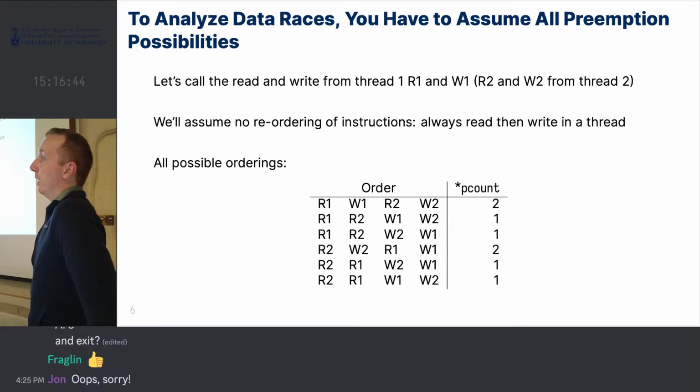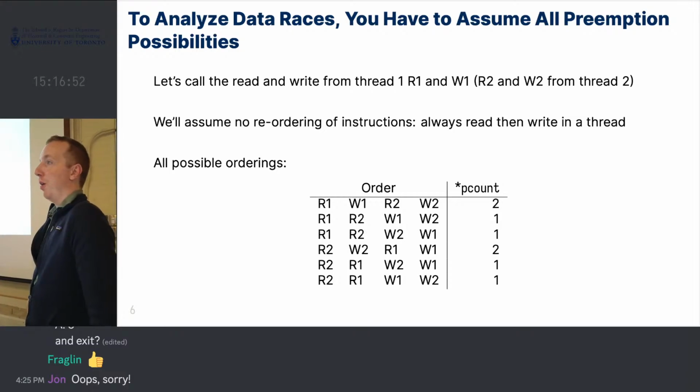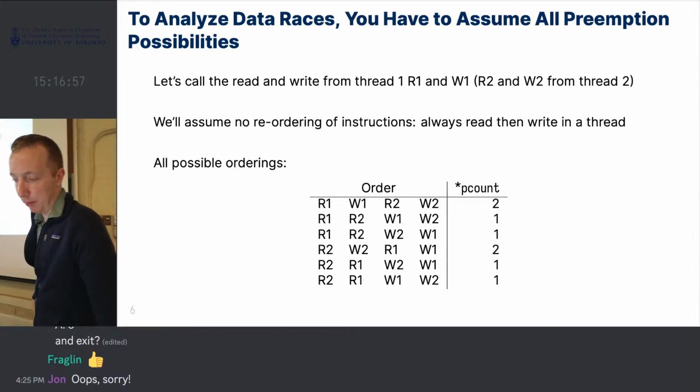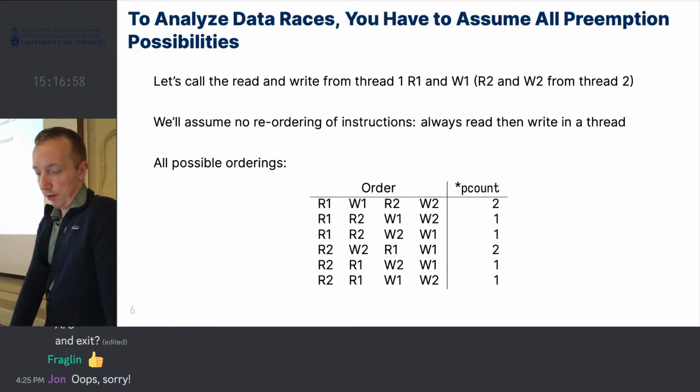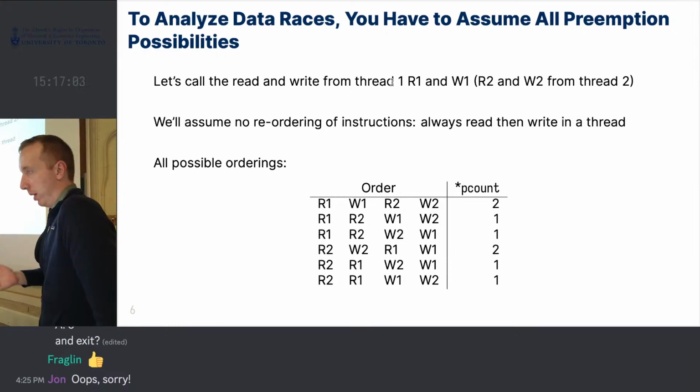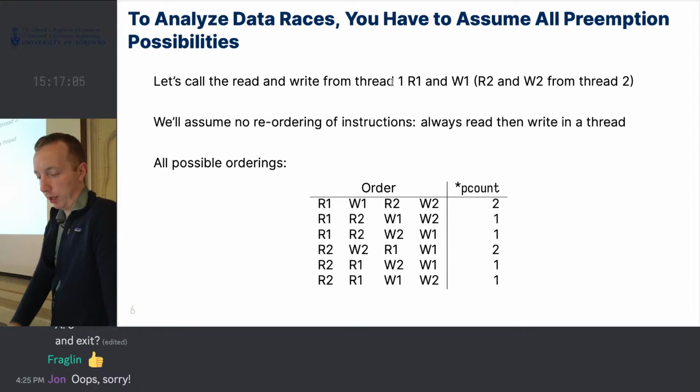If we were to analyze all of the data races, you have to analyze every single possible preemption that you might have. The 2 things we care about are the read and the write to that global location.